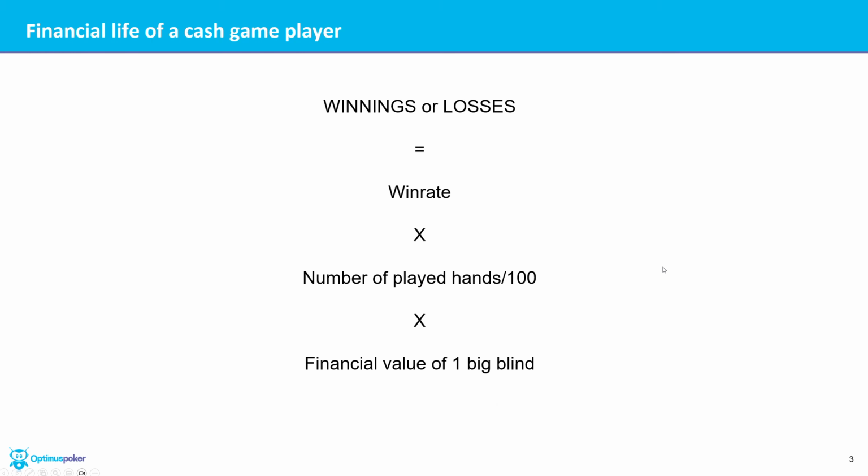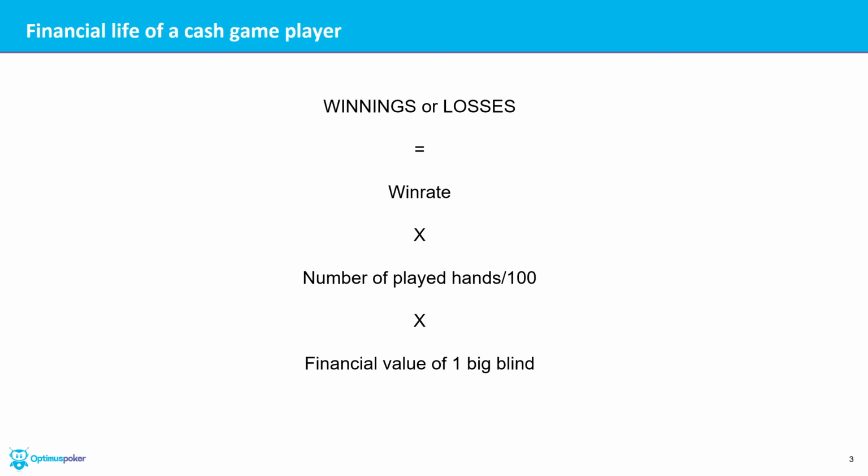So let's start with the theory. How to calculate the winnings and the losses. Well, there's a key piece of information here, which is the win rate. The win rate is, on average, how many big blinds you win or lose every 100 hands that you play.